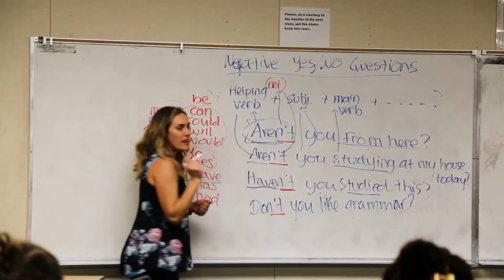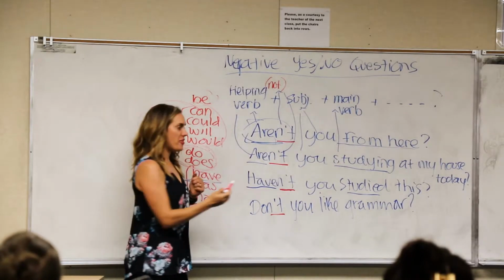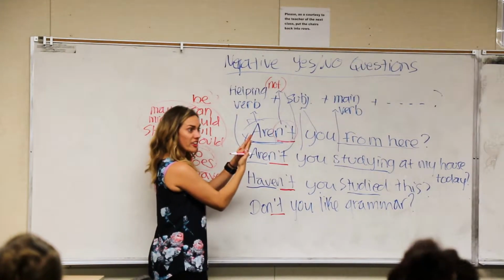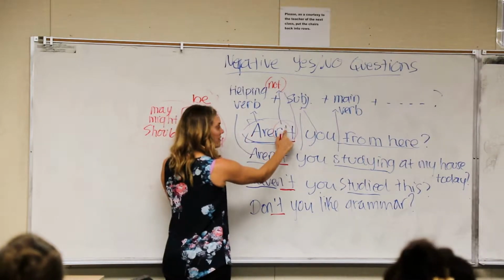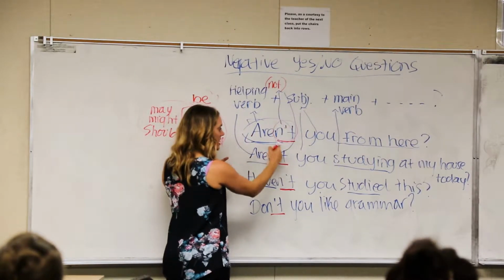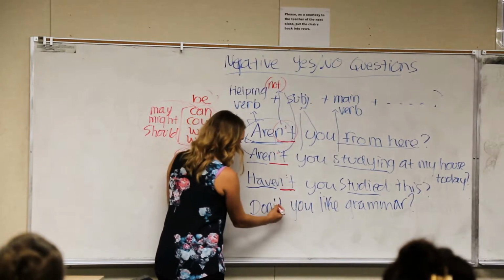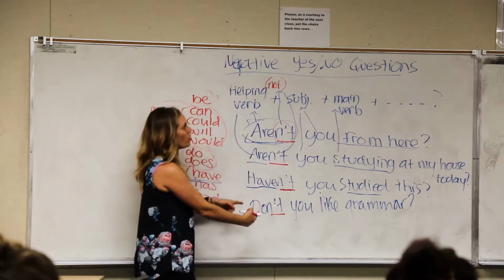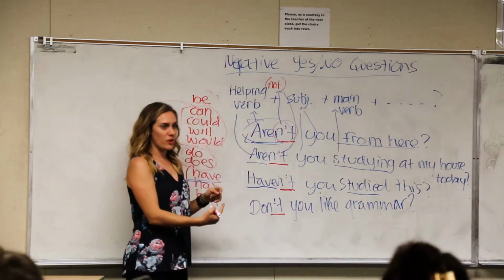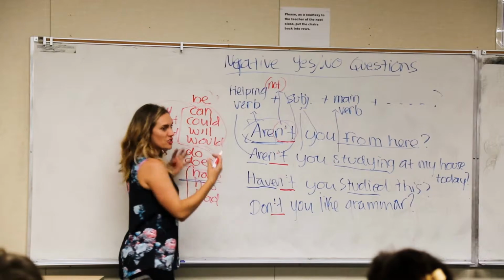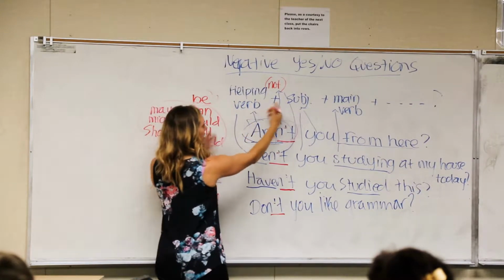Now, what else do you notice about them? Contraction. We have an apostrophe. This is a contraction, this one's a contraction, that one's a contraction. When we make negative yes/no questions, we almost always use contractions right here.